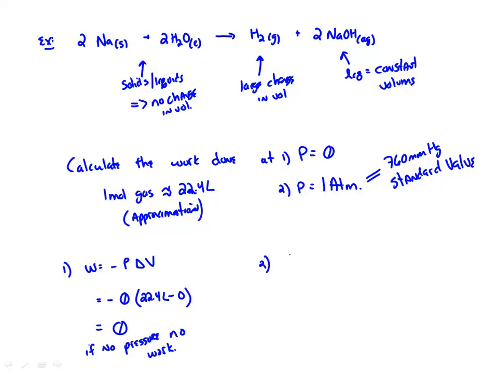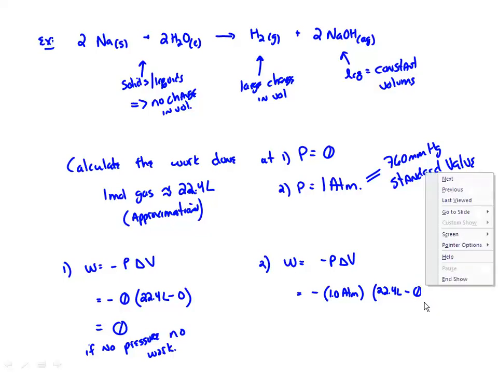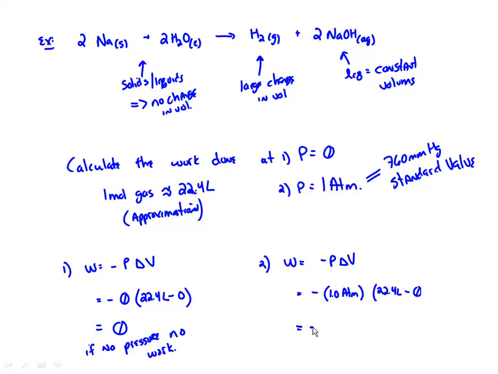And then, of course, the second case is pretty easy too. It's just W equals minus P delta V equals minus, the atmospheric pressure is 1 atmosphere now, times 22.4 liters minus 0. And that's equal to minus 22.4 liter-atmospheres.